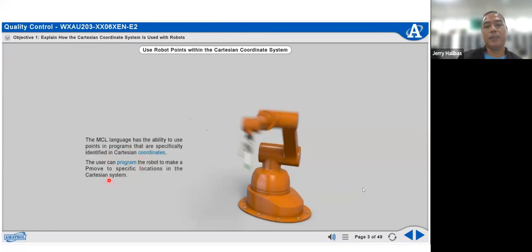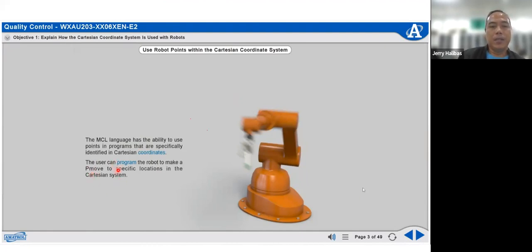In Amatrol, this is still the learning platform we use. Way back during the pandemic, I got this one. So I'll be using this for the introduction to industrial robot operation. By default, the MCL commands here are using the Pegasus robot.